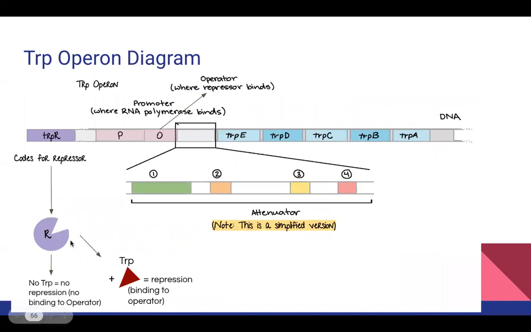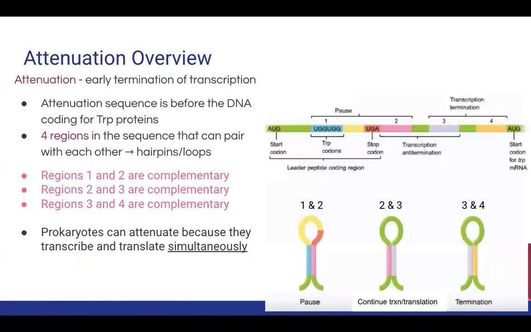So if there's not enough to bind to the repressor, like the concentrations are not high enough where they can bump into each other in order to bind, then this repressor is not going to be able to bind to the operator, but then it's going to continue on obviously into attenuation. RNA polymerase will continue to transcribe.